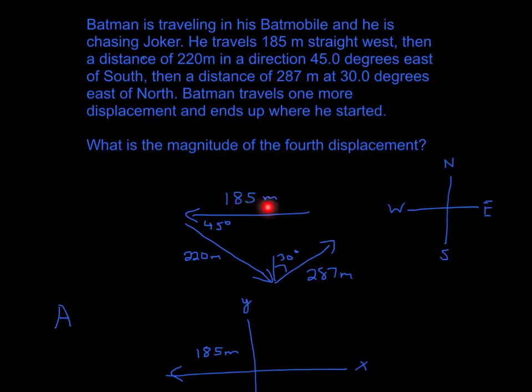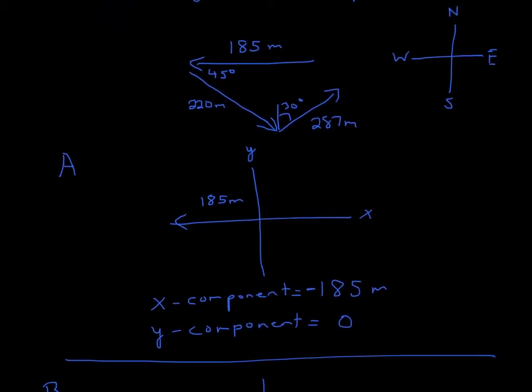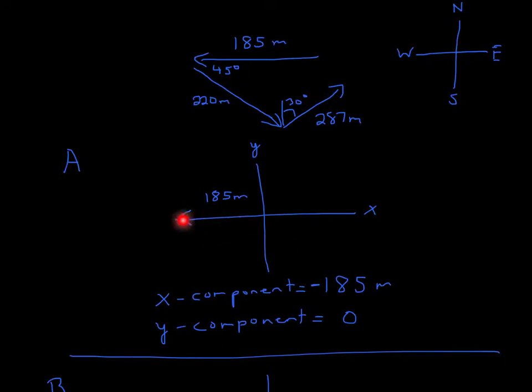So I just made this A, B, and C just randomly, and then so let's start. So here I put the same thing, 185 meters west, and the thing to note is that it's on the x-axis completely, meaning if I'm on the x-axis and I try to go up, I can't because the entire thing is on the x-axis. That means the entire x component is 185 meters.